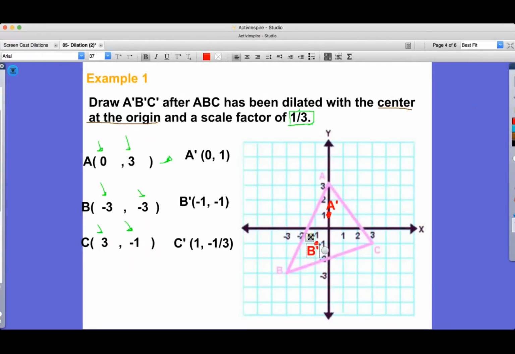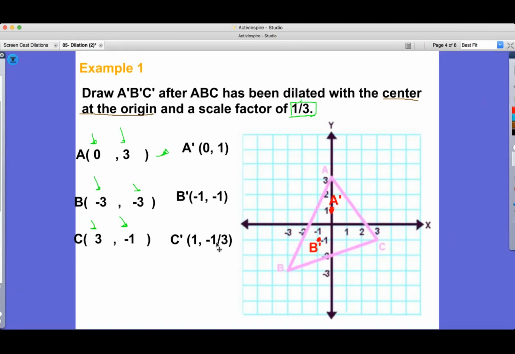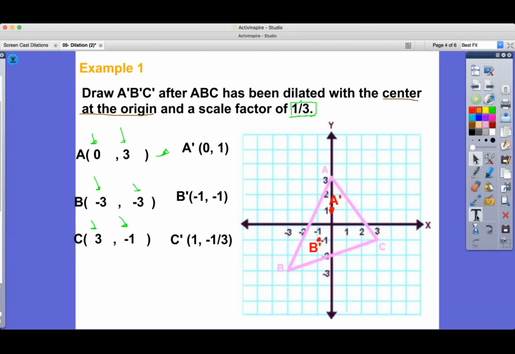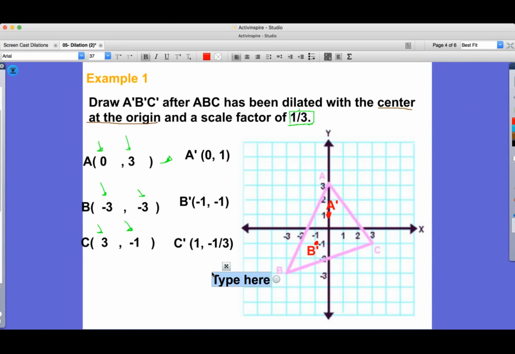And now we have to get C prime. So we're going to go to the right 1, and then we're going to have to go down negative 1/3. Here, it might be a very good idea to convert this into a decimal, since the decimal approximation might make more sense to some of us. If you use your Desmos graphing calculator, you should be getting that this is approximately 0.33.